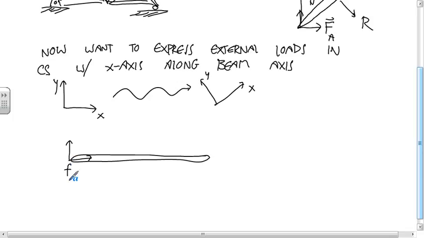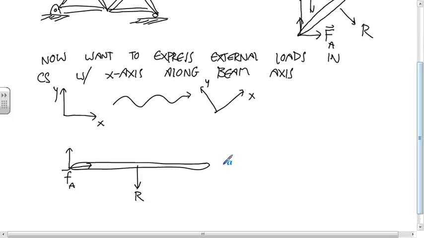I'll call this lowercase fa, because it's still the same force, but numerically it's different. You have R this way. You have FB here. And what do you have for the distributed load? Well, it's not acting straight down anymore.